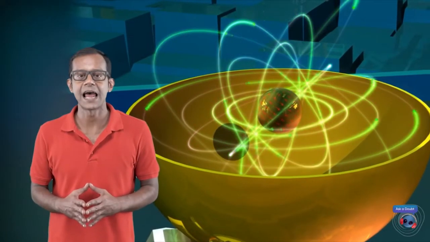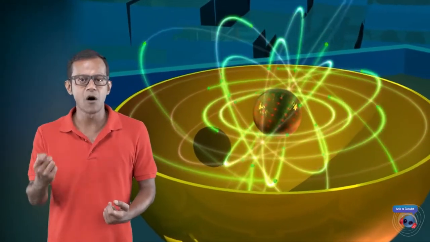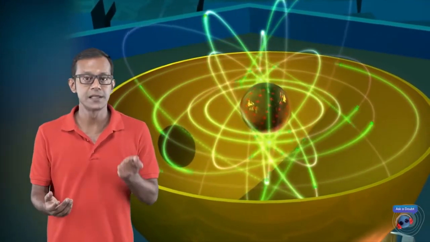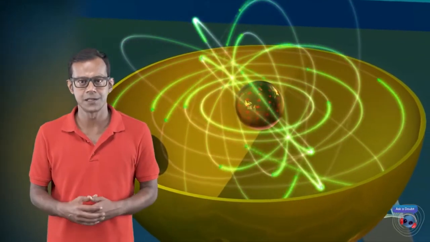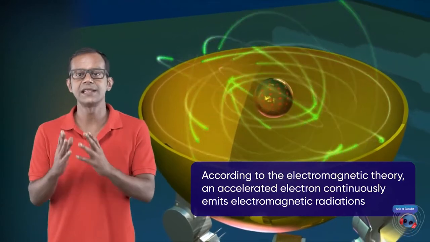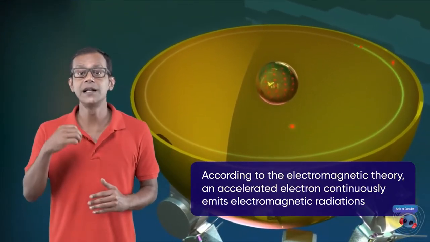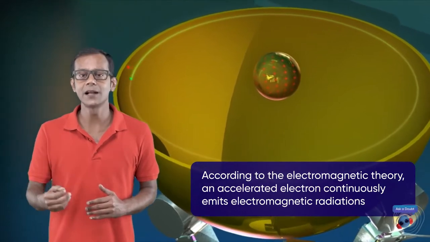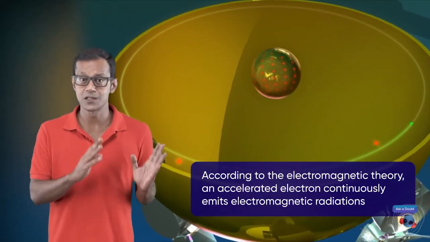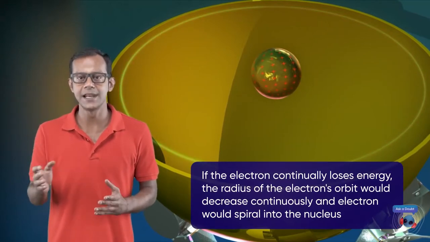Stability of an atom. If the electrons in an atom revolve in circular orbits, they must undergo acceleration. However, according to the electromagnetic theory, an accelerated electron should continuously emit electromagnetic radiation, and so the electron should continually lose energy.